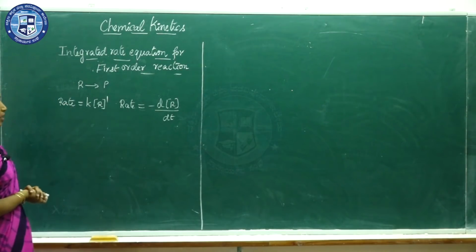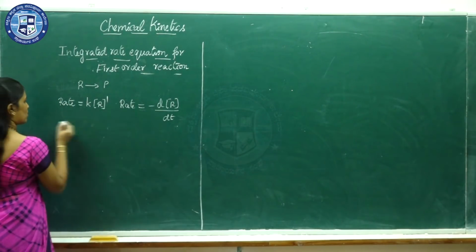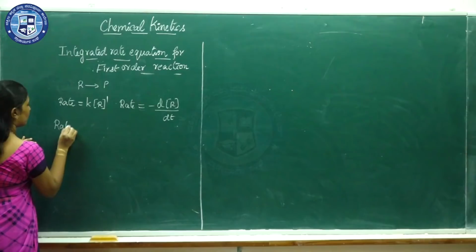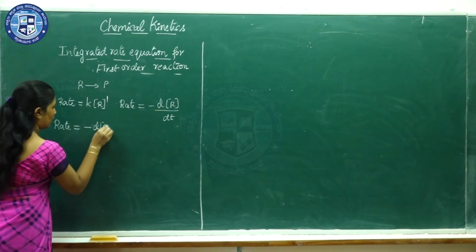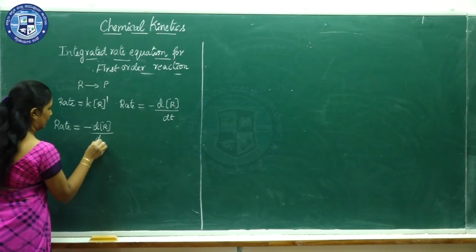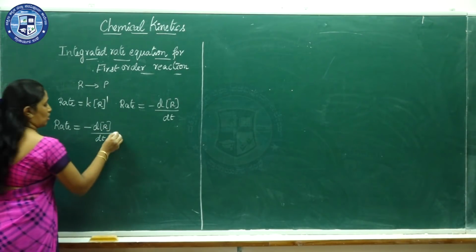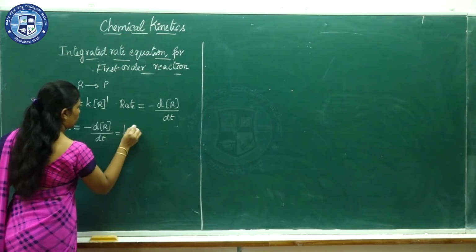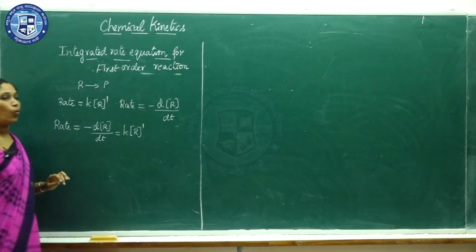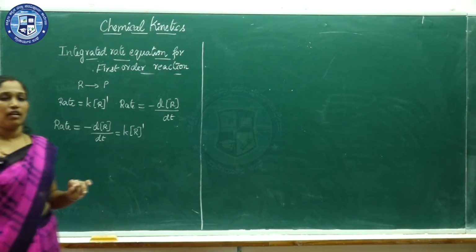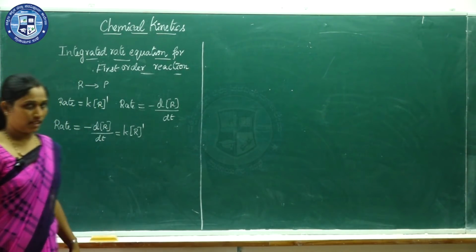So rate is equal to this, rate is also equal to this. So minus dR by dt is equal to K into concentration of R raised to the power 1.